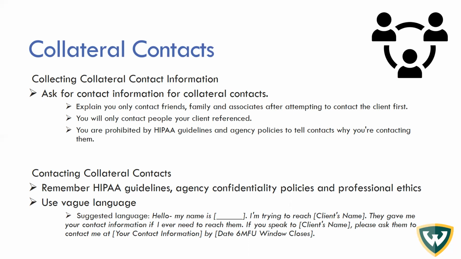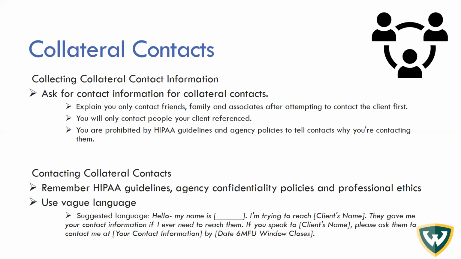We have a form available on our website, mygprainfo.org. That is the collateral contacts form. What it has on it is the date the client put the collateral contact on the list, the collateral contact information, and then a place for your client to initial and date the day that they put them on this list.